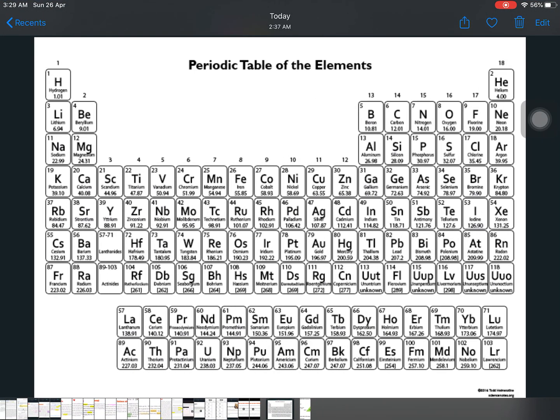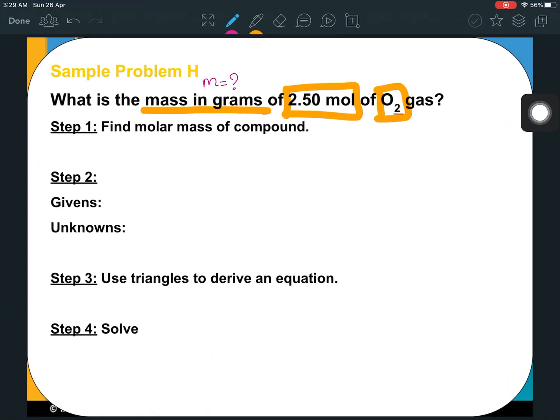For oxygen, it is 16. But I know that I have 2 oxygens, so it will be 2 times O, which equals 2 times 16 grams per mole, which is equal to 32 grams per mole.